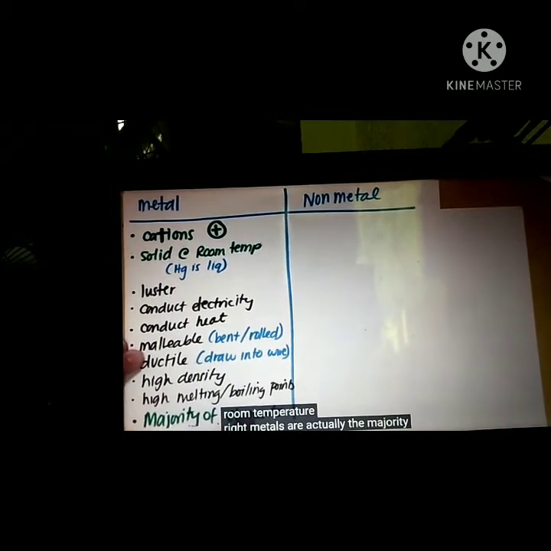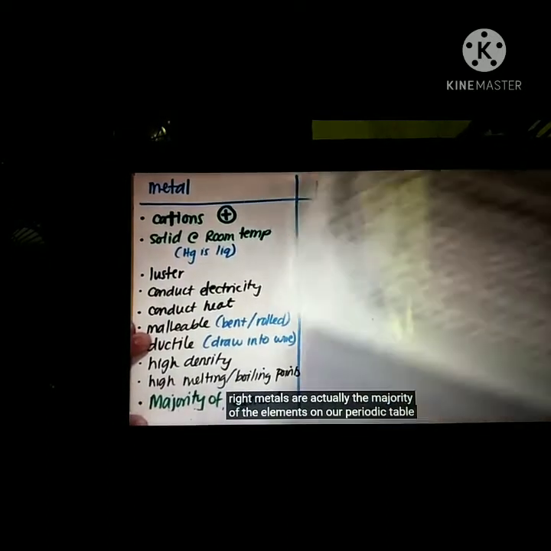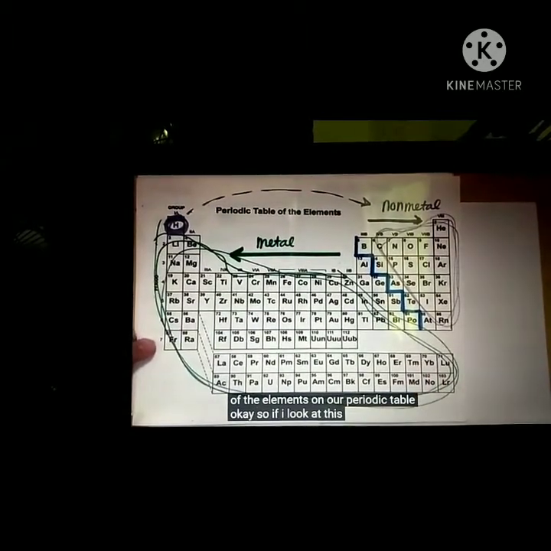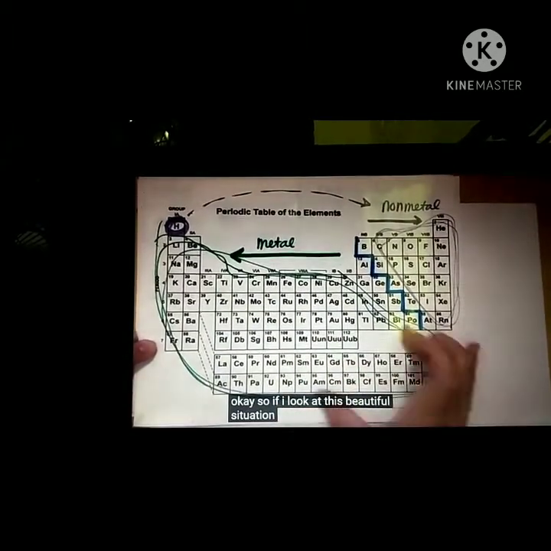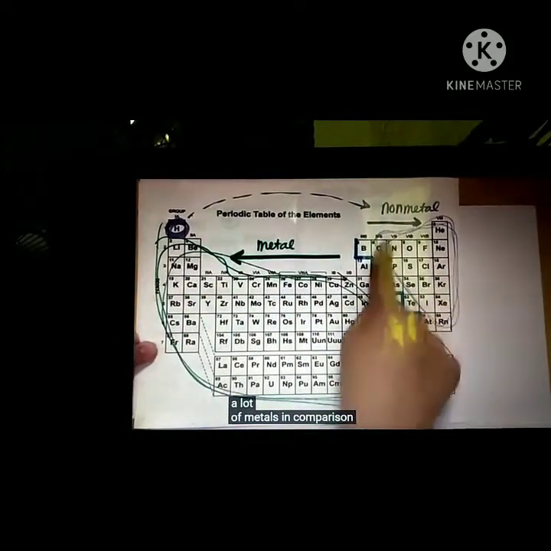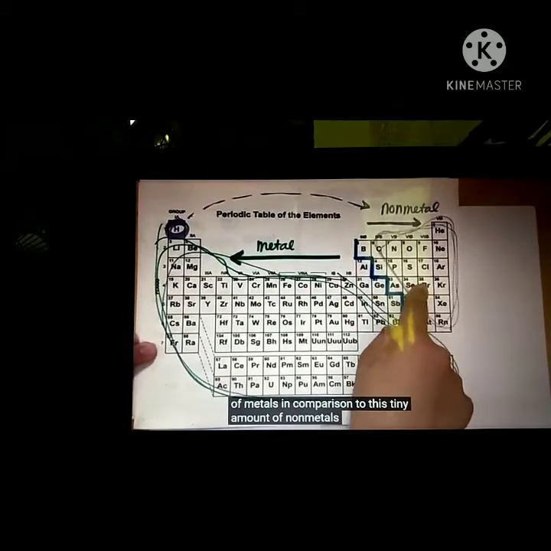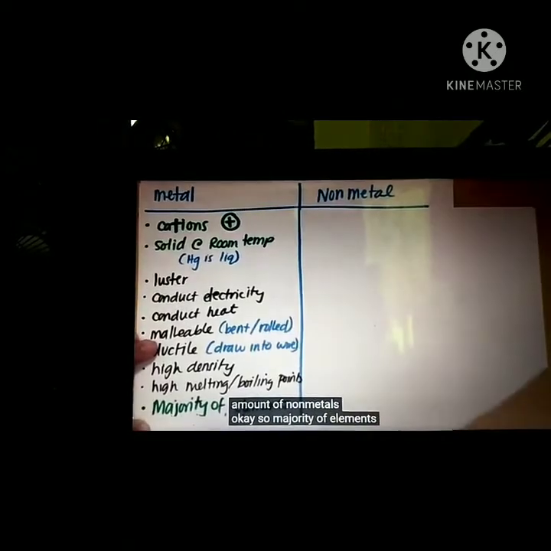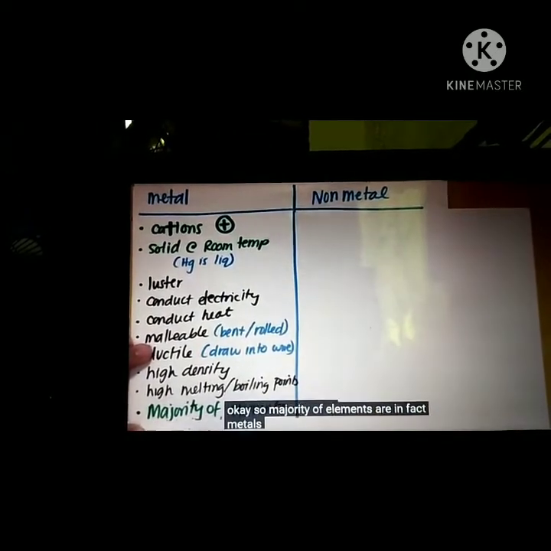Metals are actually the majority of the elements on our periodic table. Okay, so if I look at this beautiful situation, all these guys here are metals. There are a lot of metals in comparison to this tiny amount of nonmetals. Okay, so the majority of elements are in fact metals.